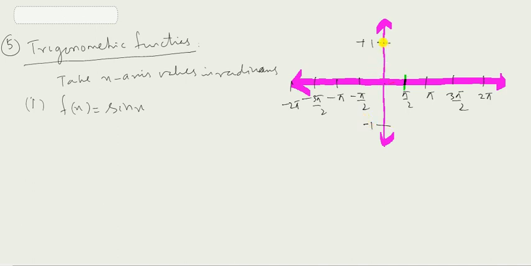Now at 0, sin attains 0, right? Next, at pi by 2, sin attains the value 1. Then at pi again it becomes 0. At 3 pi by 2 it attains the value minus 1. At 2 pi it becomes 0. So if I plot it, the plotting will be in this way, right?